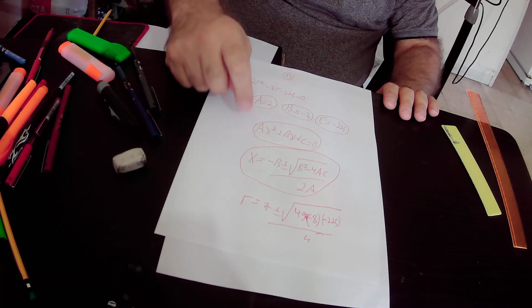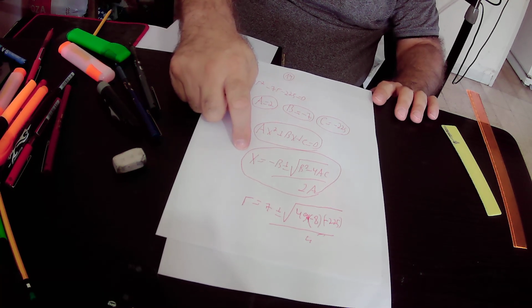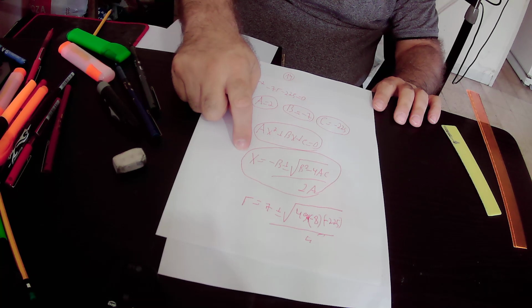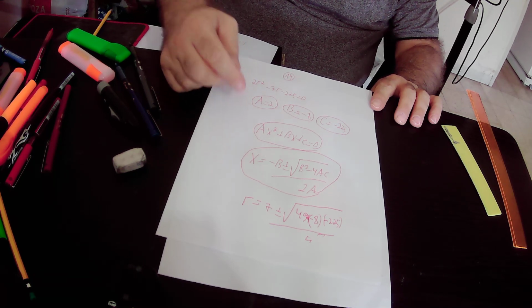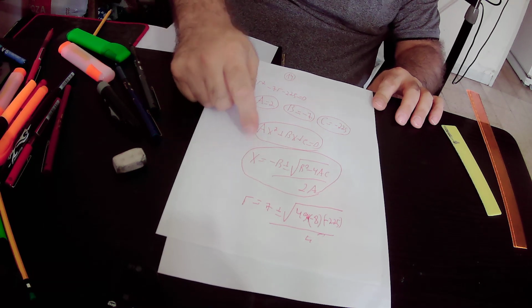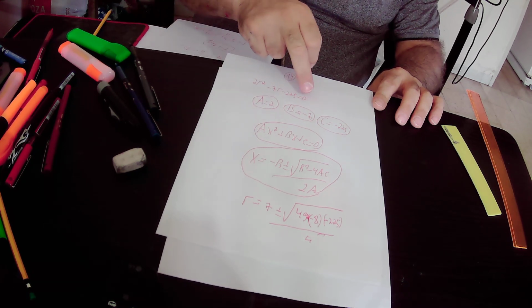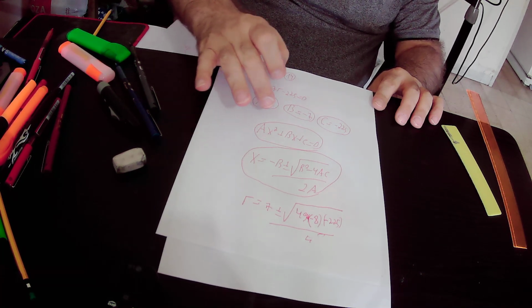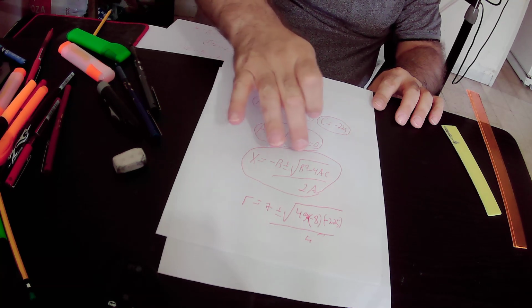And we have the formula for solving the quadratic equation to find the value of the variable x. But in our specific quadratic equation, the variable that is missing is the radius of the semicircle. So x equals r. The only thing left is to put the data inside this equality.